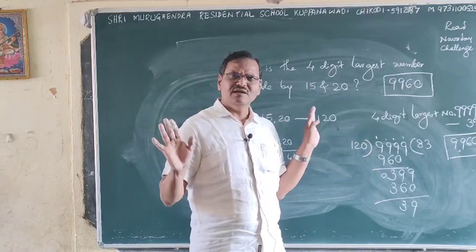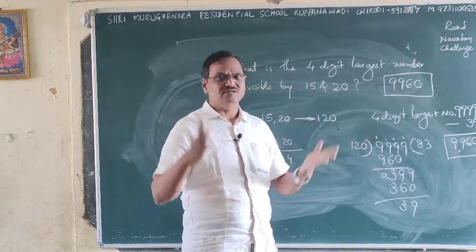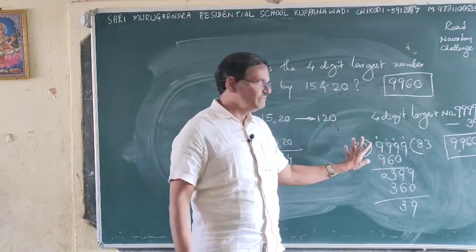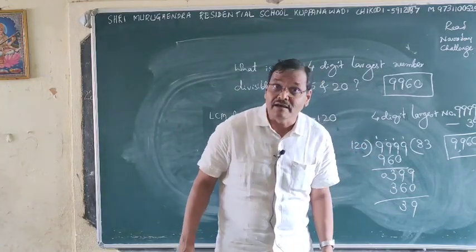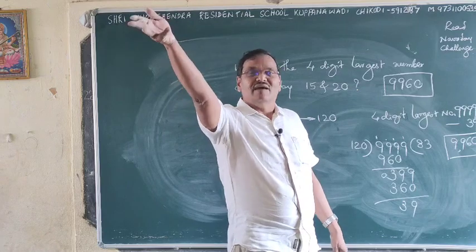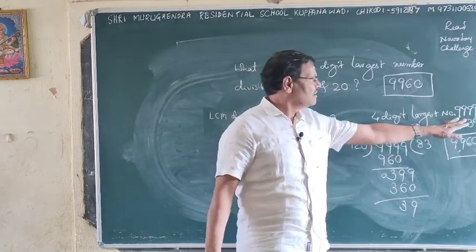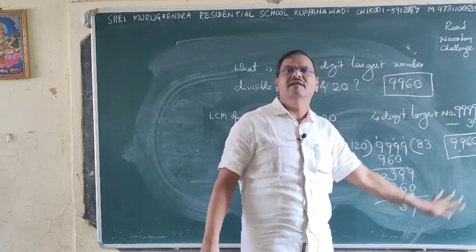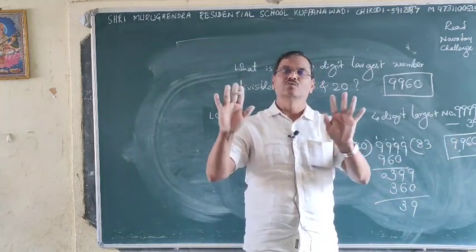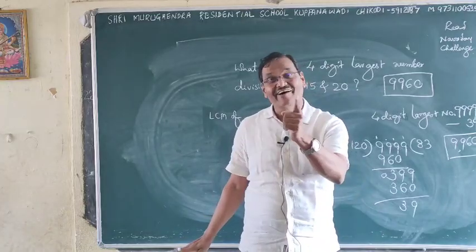If it is divisible, then that same number is the answer, whereas if it is not divisible, here in this case 39 is the remainder. In that 4-digit, 5-digit, whatever is asked, the remainder that comes should be subtracted. Okay.